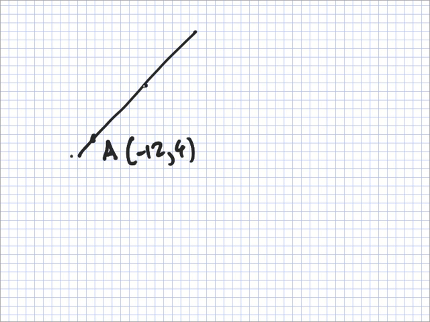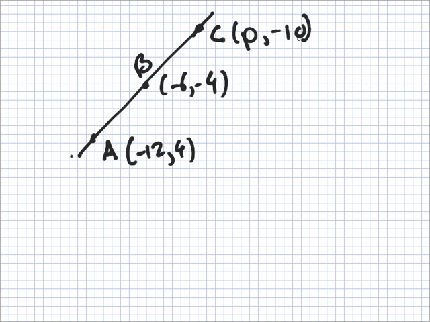Do they give us B? Yeah. (-6, -4). And there's C, which is (p, -10). Find the p. Very interesting. Any ideas now? We got m. We should get the m.